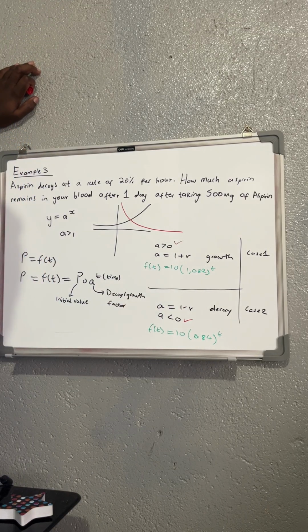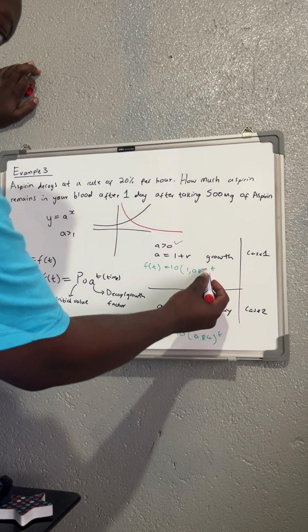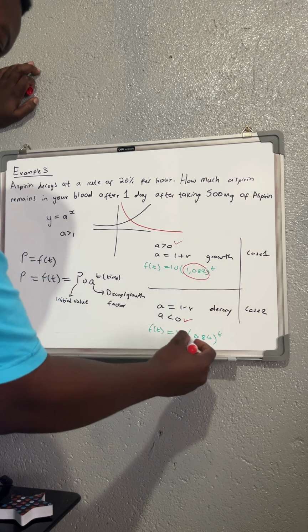So each and every time you check this type of question, if you are given a function like this and they ask you whether this is a function that shows exponential growth or exponential decay, you can only determine it by checking the value of your a.